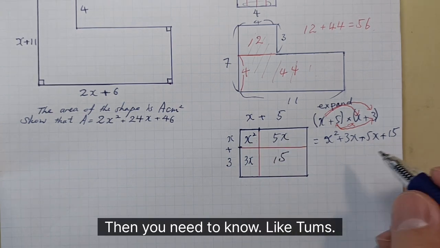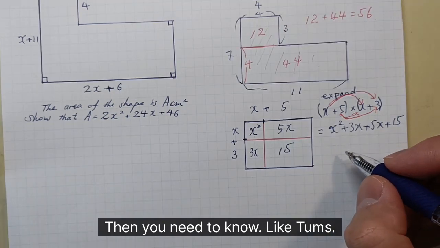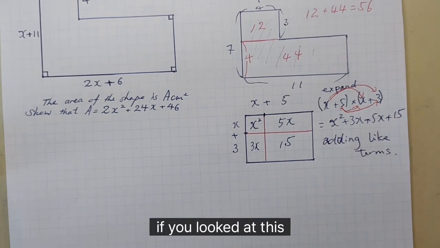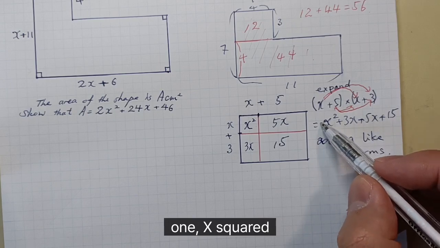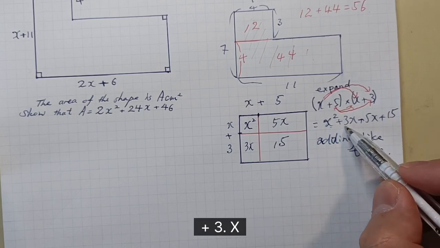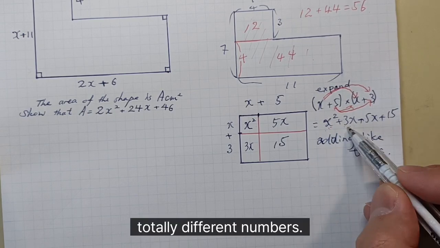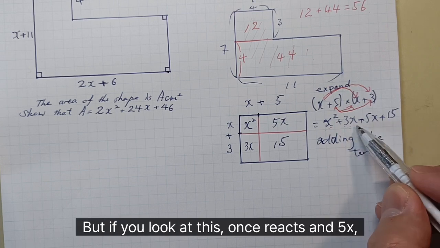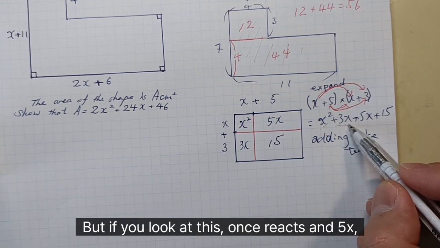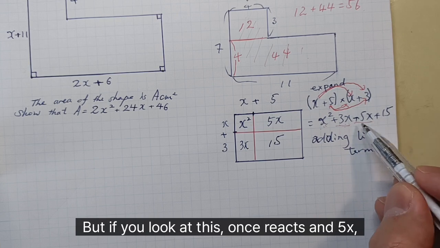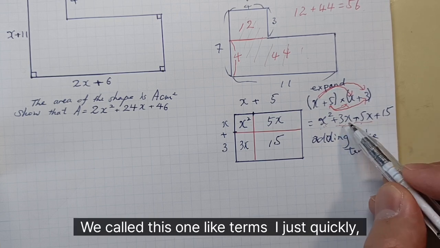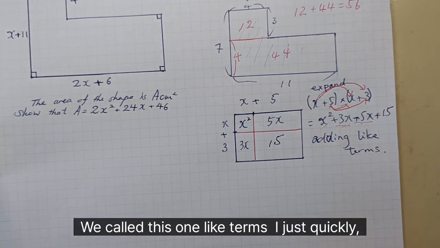Then you need to know like terms. If you look at this one, x squared and 3x are totally different. But if you look at this one, 3x and 5x, these are the same family. We call these like terms.